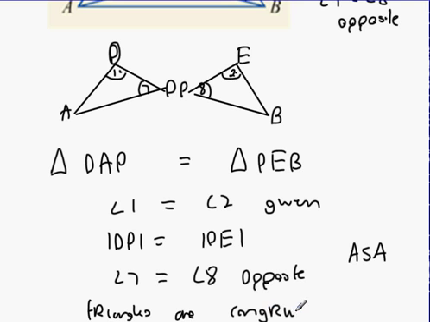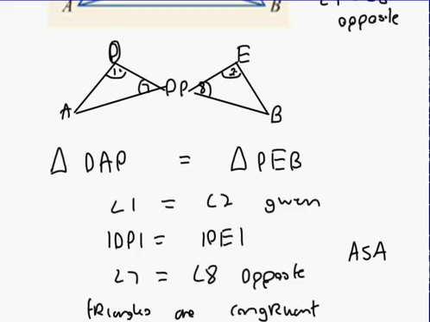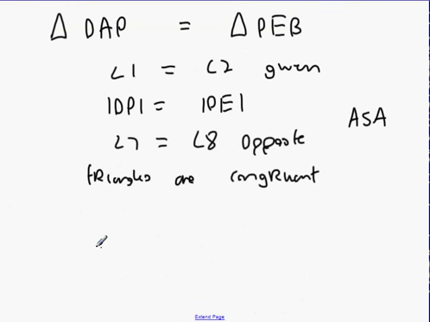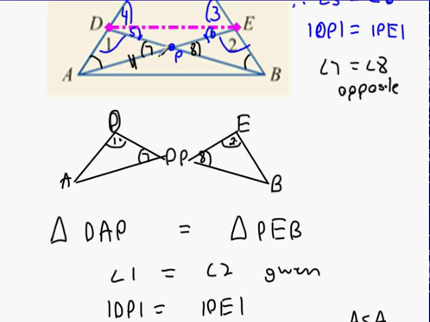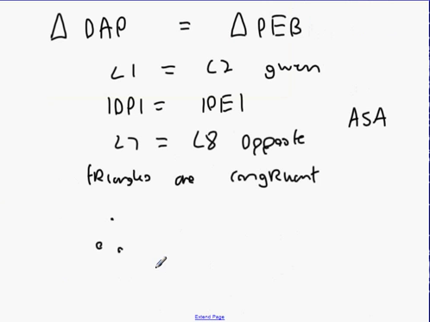So triangles are congruent, okay? Therefore, it follows that what two sides are equal to each other? AP and PB. Would you agree with that? Therefore, it follows that AP equals PB.